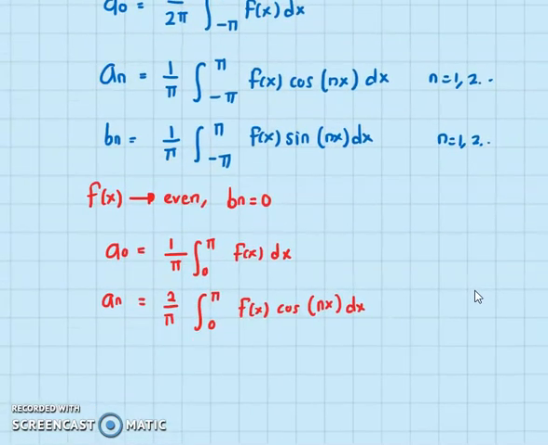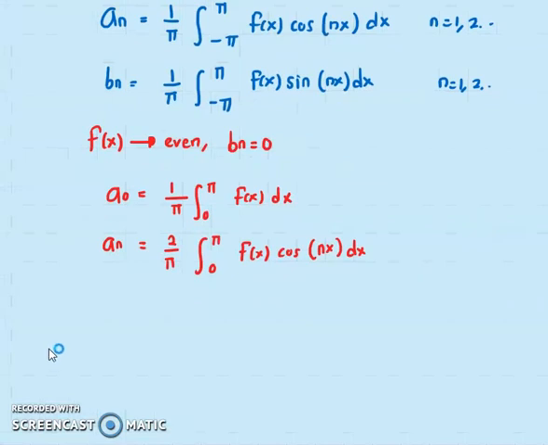However, if let's say my f(x) is odd, what happens if f(x) is odd? We will have a_n become 0.